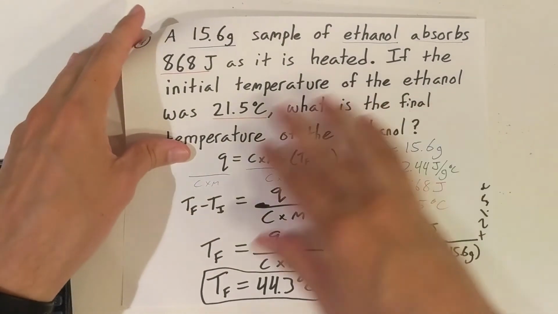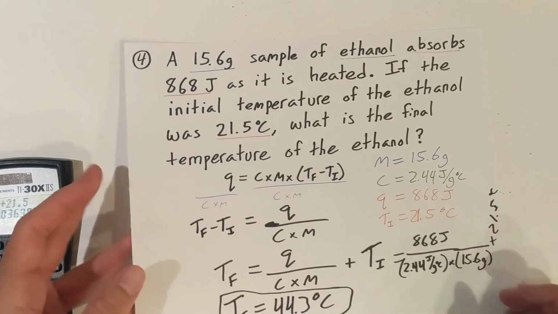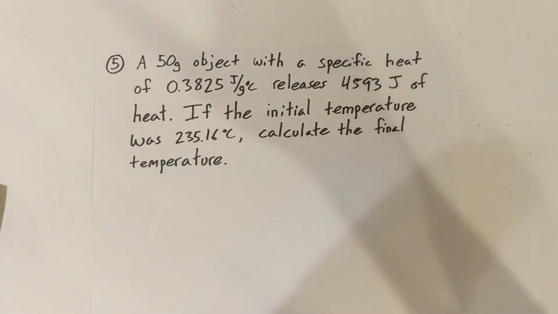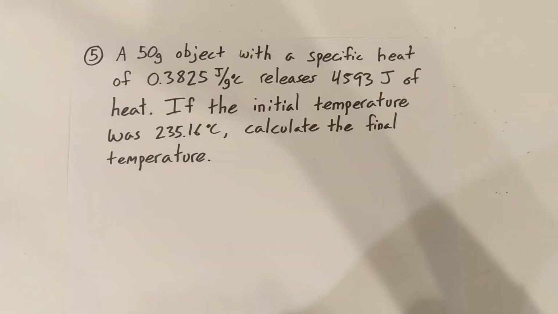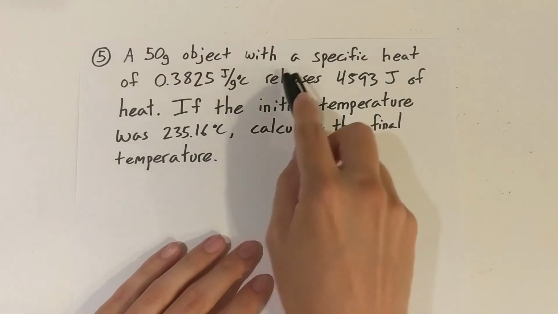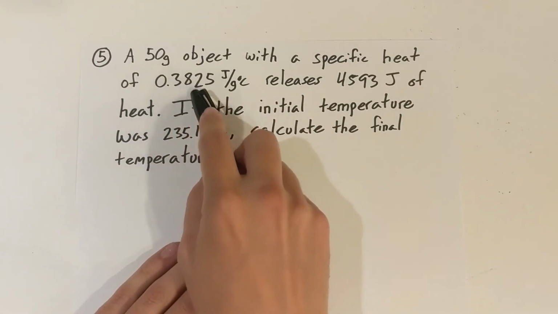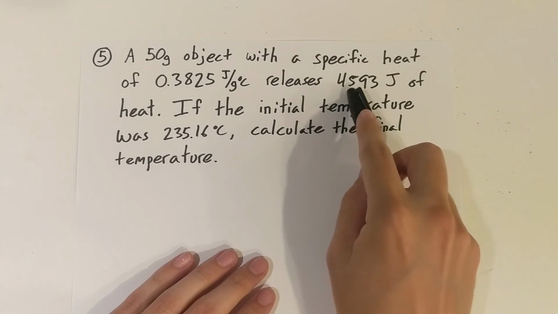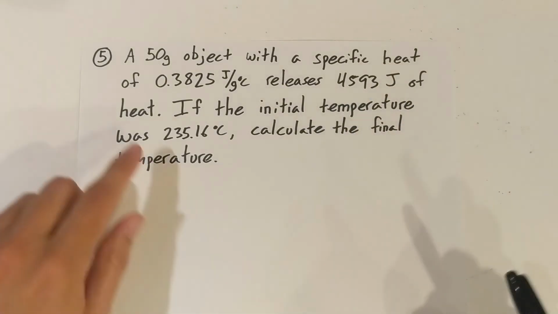All right, I'm going to bring this one back because you're going to find that the next question is very similar. So rather than go through that whole explanation again, we're going to bring that same equation back. In this one, we have a 50-gram object with a specific heat of 0.3825 joules per gram Celsius that releases 4,593 joules of heat.